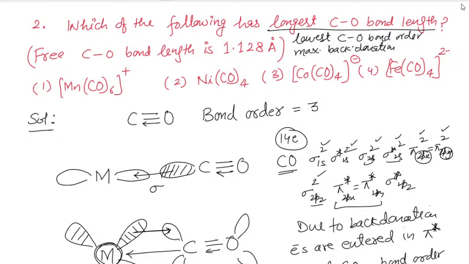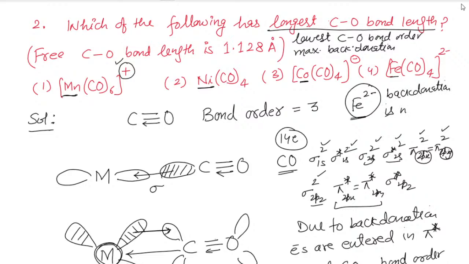Maximum back donation. Here there is a positive charge, so back donation is minimum because that positive charge is on the metal. CO is a neutral ligand. Here it is neutral. Here there is a negative charge, one negative on CO. In this case, there are two negatives on CO. When there are two negatives on Fe, back donation is maximum because it is more electron rich.